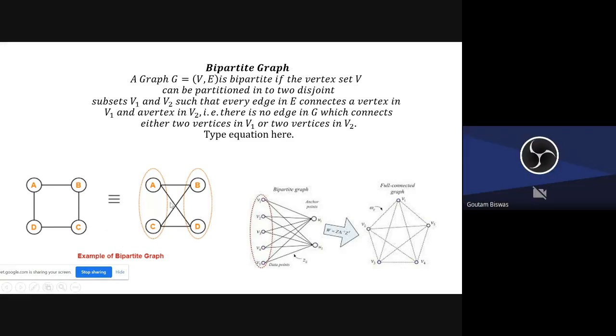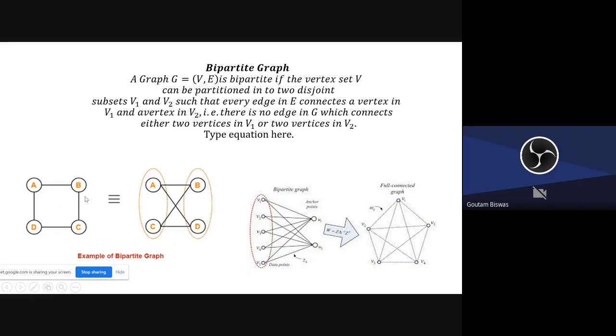This can be done by means of a linear transformation of matrices. Okay, this can be done by means of a linear transformation in matrices. Every graph has some matrix representation.